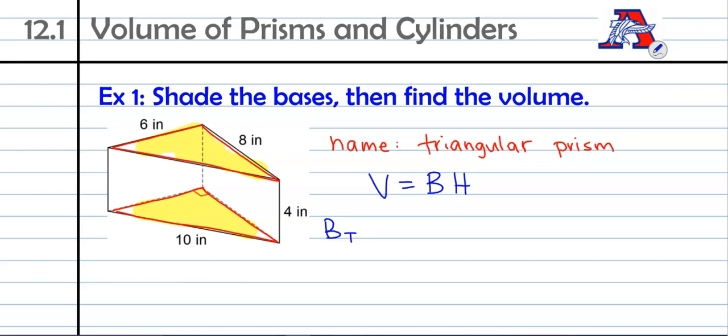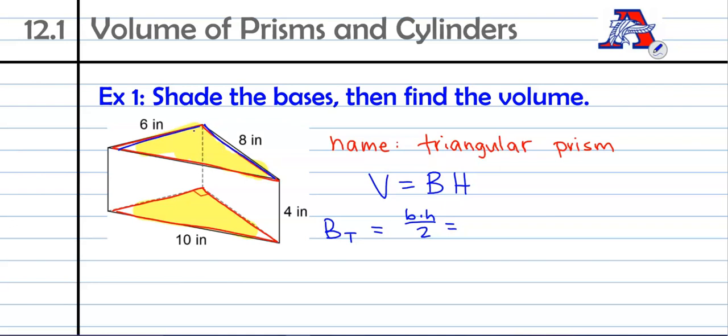So I'm just going to put a little T there just to remind us that we're finding the area of a triangle. You don't have to do that, but I think it's nice so that we keep ourselves organized. So we're going to find the area of a triangle, which is base times height over 2. And in our case, we have 6 and 8 for our base and height.